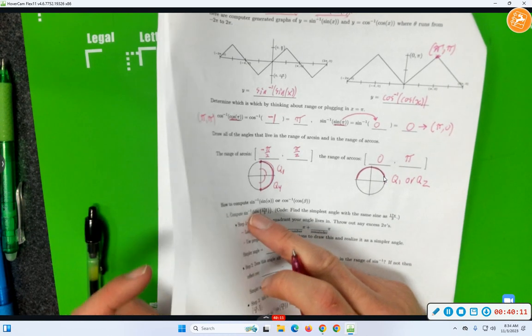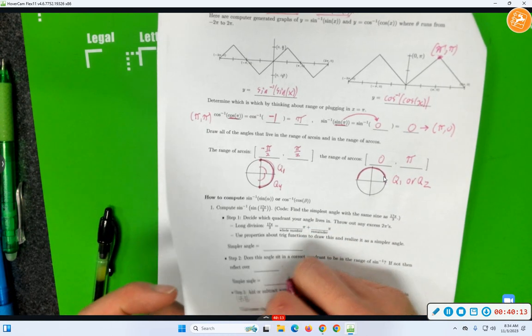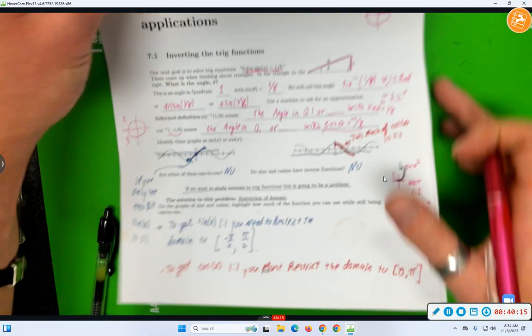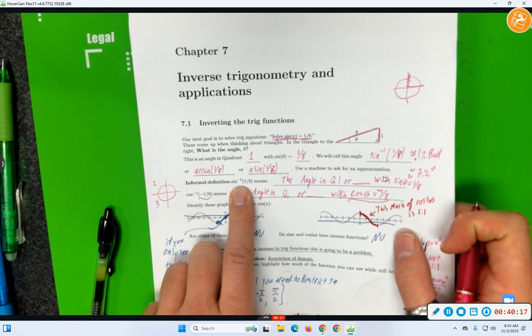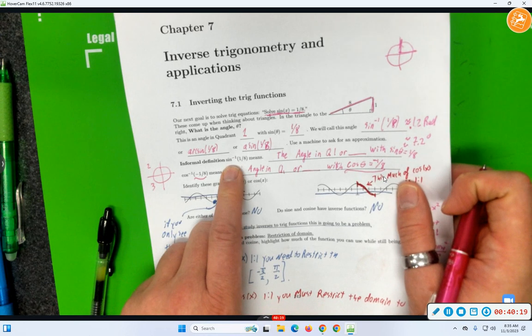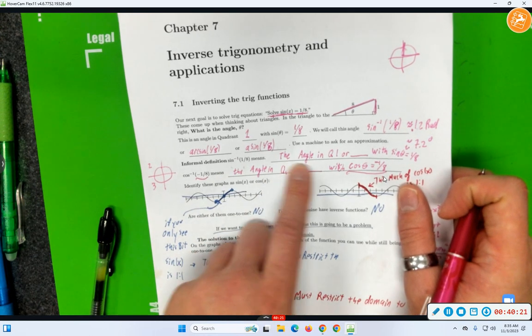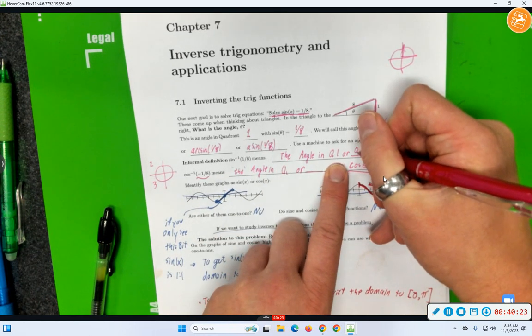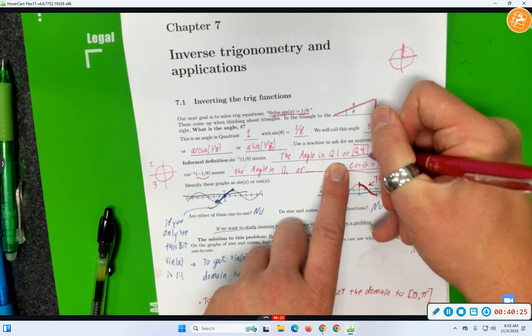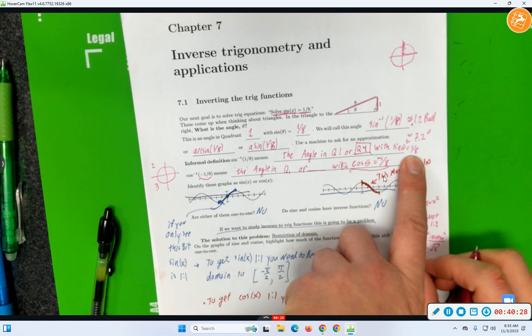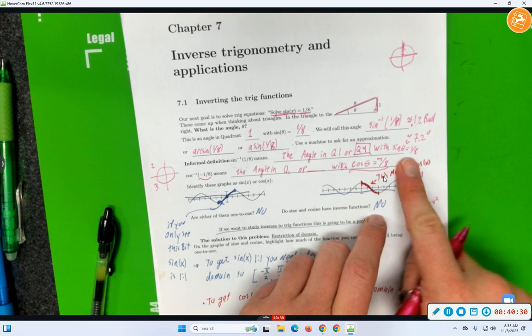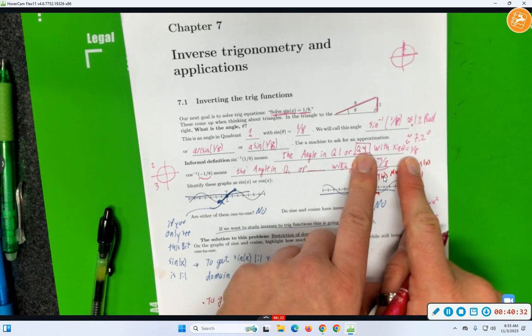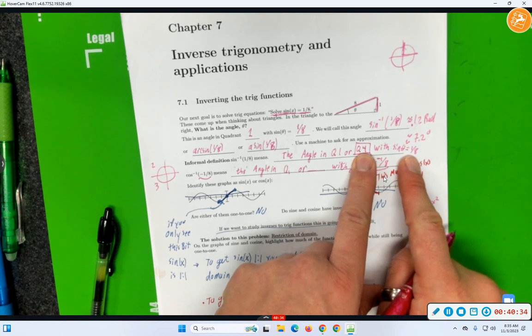So I'm even going to flip back to this first page and write a thing in. The definition of inverse sine of 1 over 8 is the angle in quadrant 1 or quadrant 4 which has sine of theta equal to 1 over 8. And notice, it can't be in quadrant 4, since sine is negative in quadrant 4.